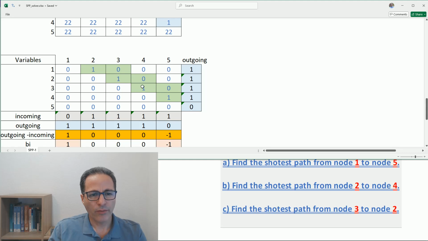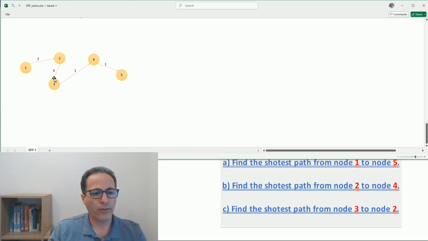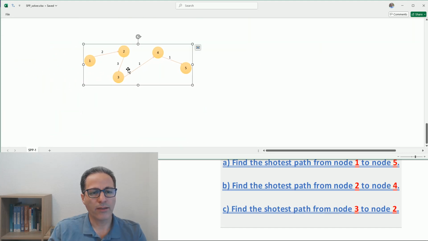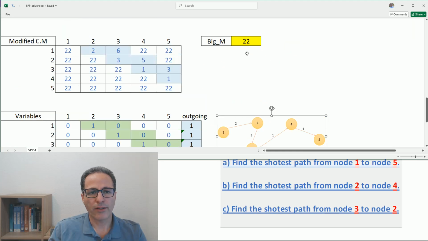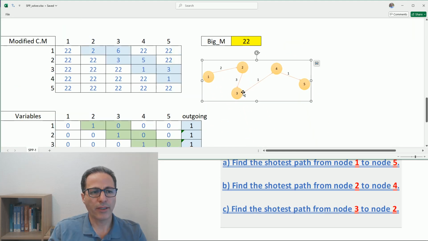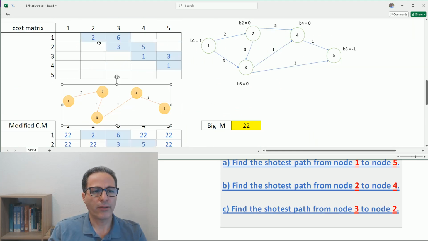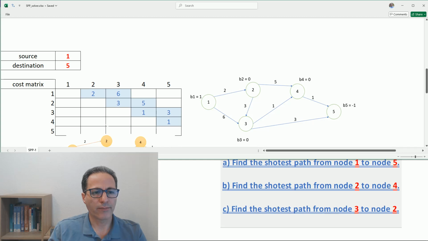We are coming to 4 from 3. We are coming to 3 from 2. And we are coming to 2 from 1. That is the shortest path from 1 to 5. Exactly the one that we wanted to find. And this is exactly the one we found by the Dijkstra algorithm. And here also we see the same thing. So here we need to write these values.